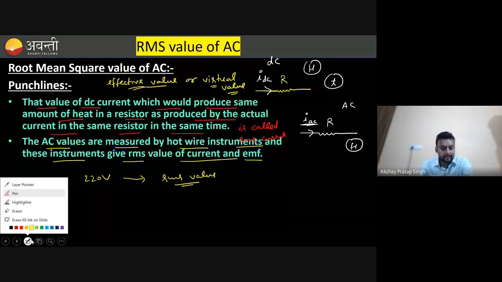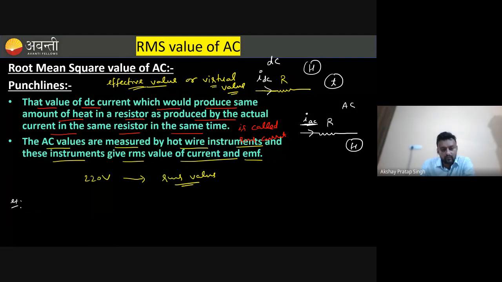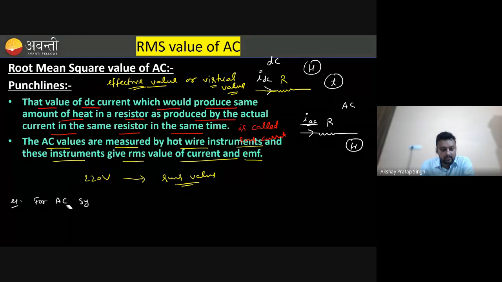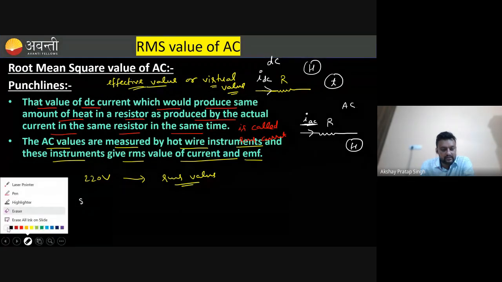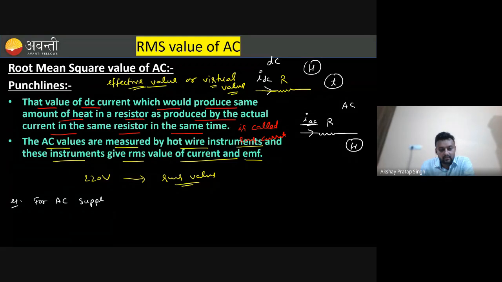Okay, so tell me one question. For an AC supply, the voltage is given as 220 volt. Then find the maximum value of voltage.